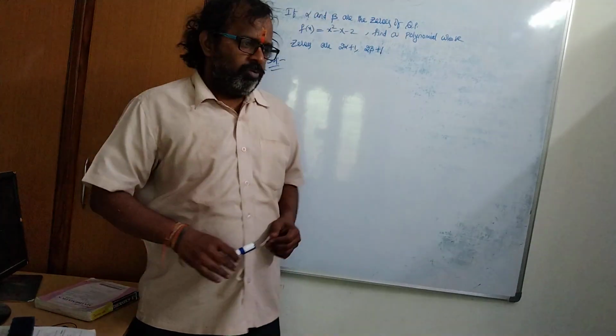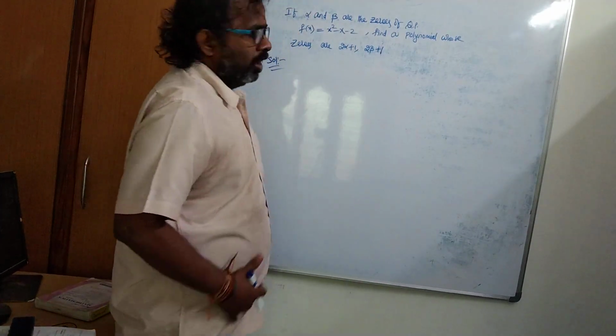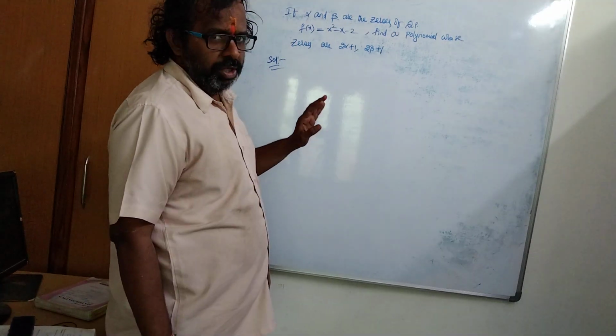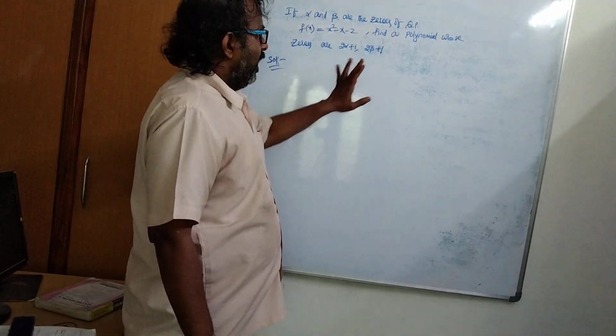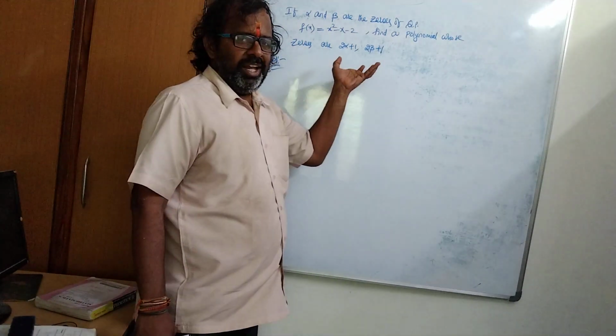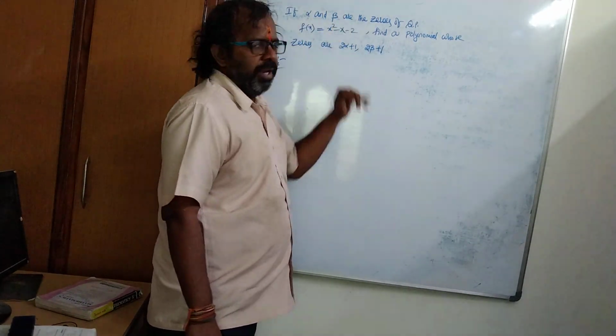Hello everybody. Today in this video we are going to solve the problem, or we are going to find a polynomial whose zeros are not like regular zeros like alpha and beta.